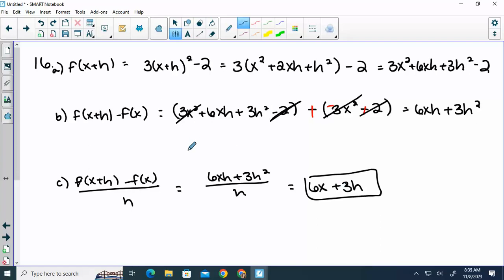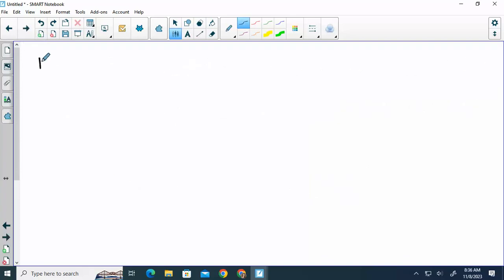Alright, 17. Let's look at that one. So f of x is negative 2 over x minus 5. G of x is the square root of x plus 6.